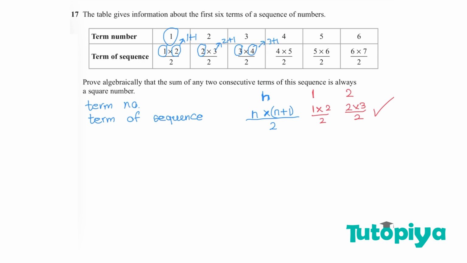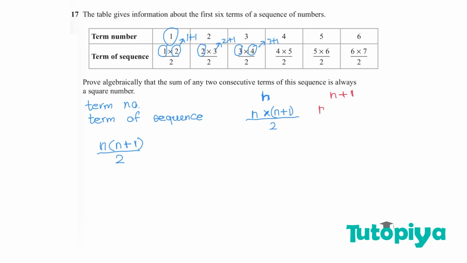So what do we notice? They are talking about the sum of any 2 consecutive terms. Now I have written that one term of this sequence is n times (n plus 1) over 2, and I'm going to remove the multiplication sign and write it as a normal multiplication for algebraic purposes. The next term in this line would be n plus 1, right? n plus 1 is the next term number of the sequence.